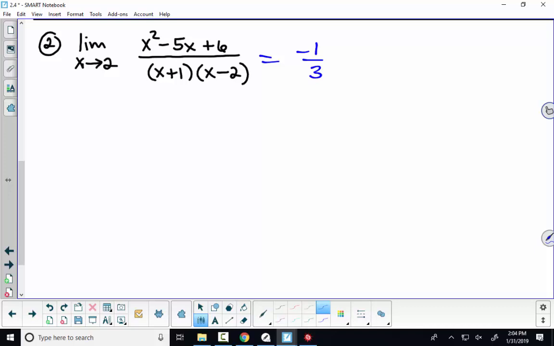What does that mean about that function? There's a hole there. I'm approaching a finite number. X is approaching a finite number, so is Y. So there's a hole.